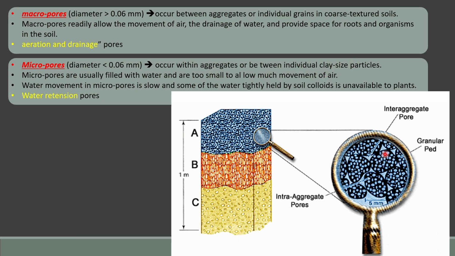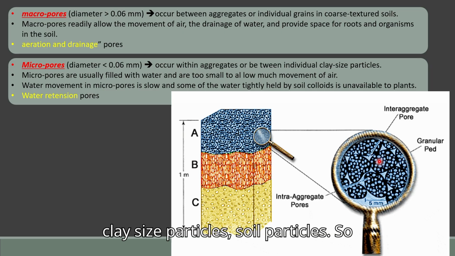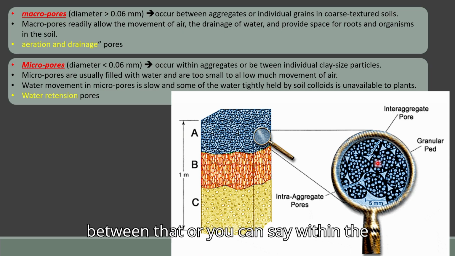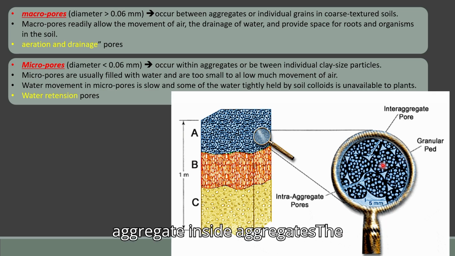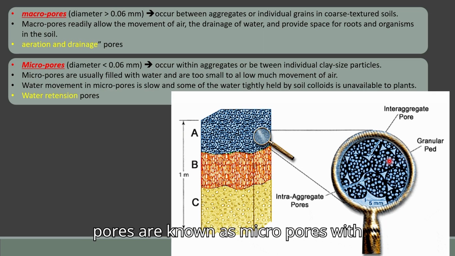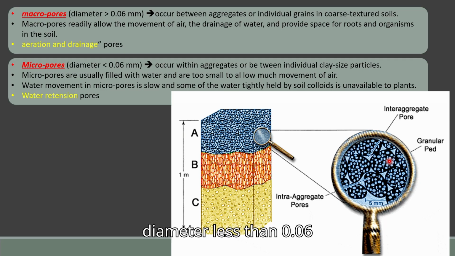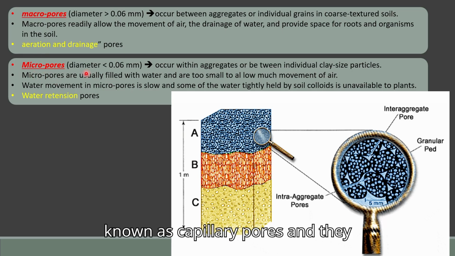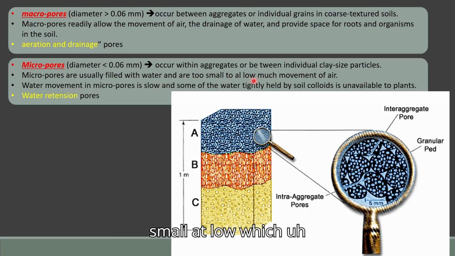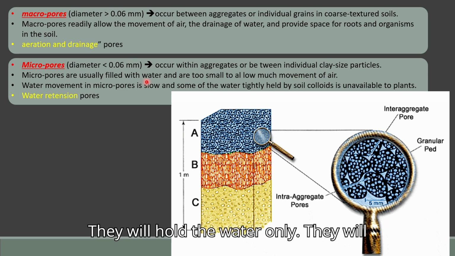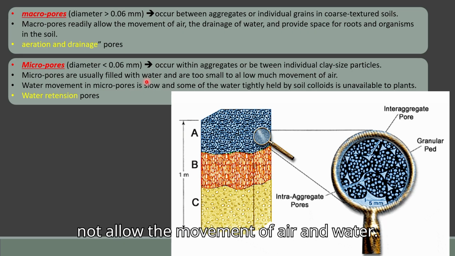They are also known as capillary pores, and they are filled with water and are too small to pass air. They will hold the water only. They will not allow the movement of air and water.